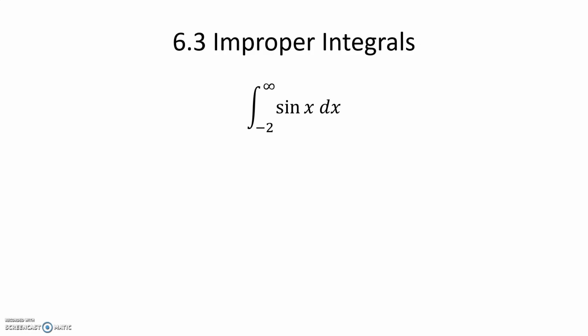Here's an improper integral from -2 to infinity of the sine of x function. So if I rewrite this as the limit as b goes to infinity, you're going to take the antiderivative, which would be negative cosine of x.